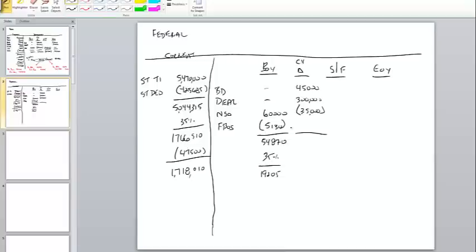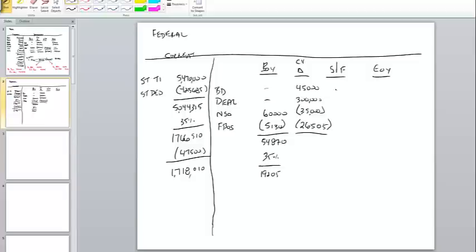So this 26,505 is going to move this way, right? Because I'm going to save more state tax as I have a build of my state DTA, which means I'm going to have even less of a federal deduction in the future than I thought at the beginning of the year. Okay?